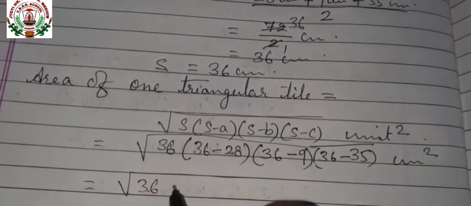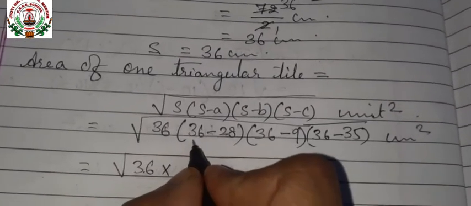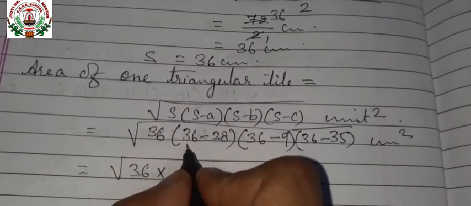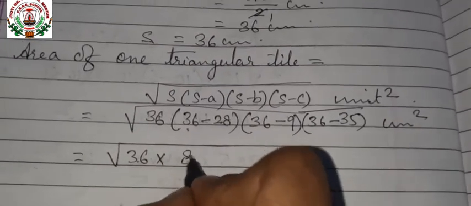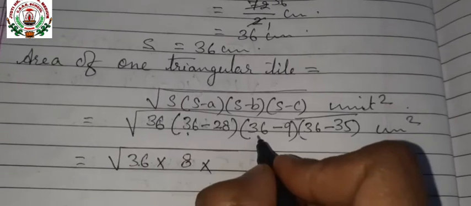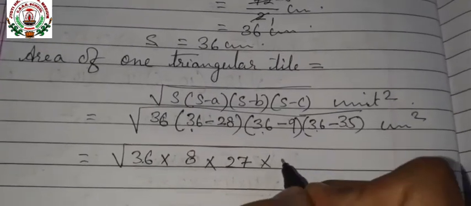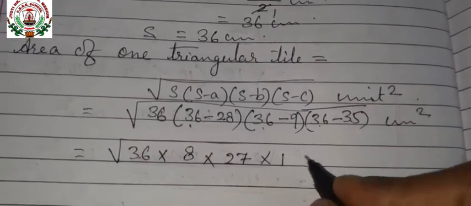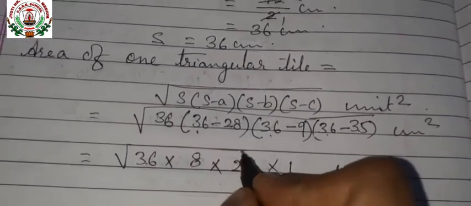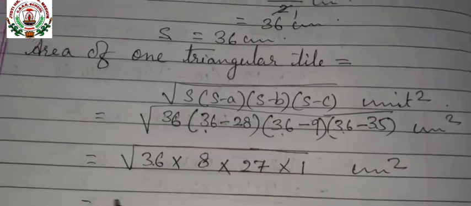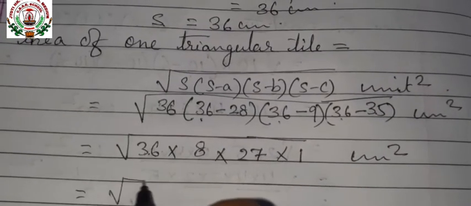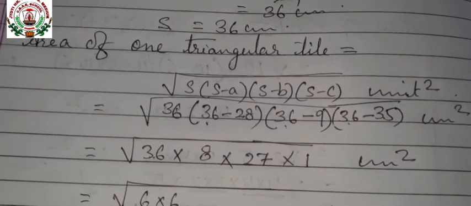Now equals, put the bracket. This 36 will come as it is. Now 36 minus 28 is 8. 36 minus 9 will be 27. 36 minus 35 will be 1. Square root, cm square. Now 36 is a perfect square of 6, so we can write 6 into 6.